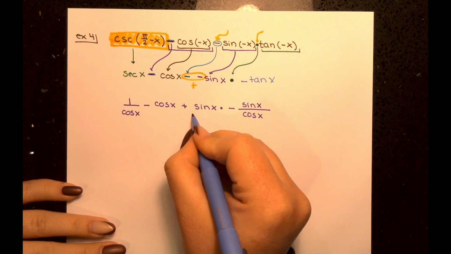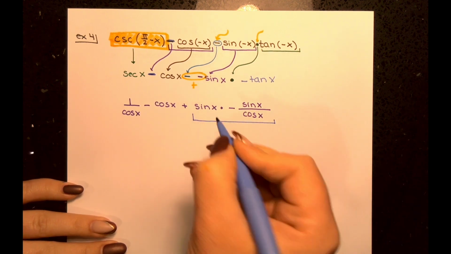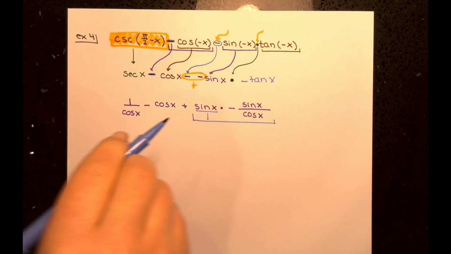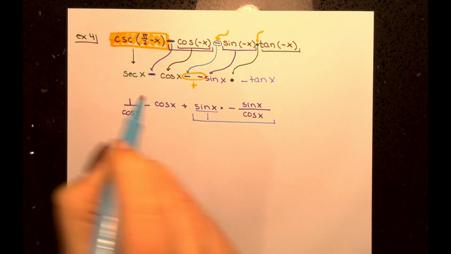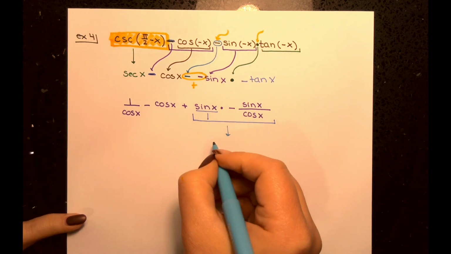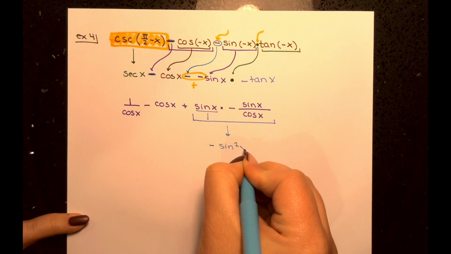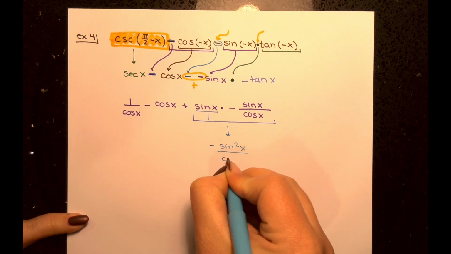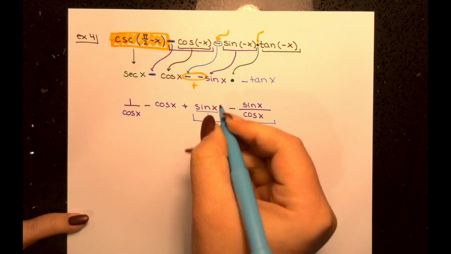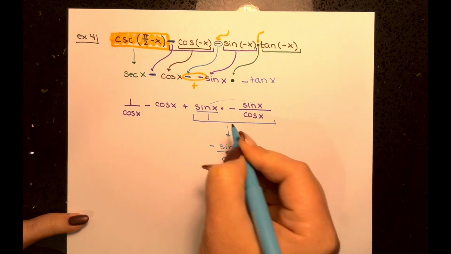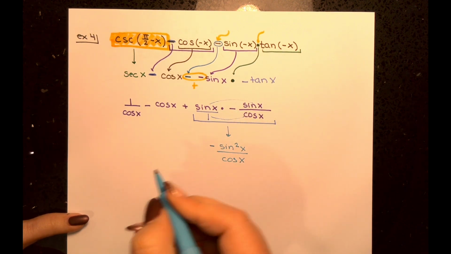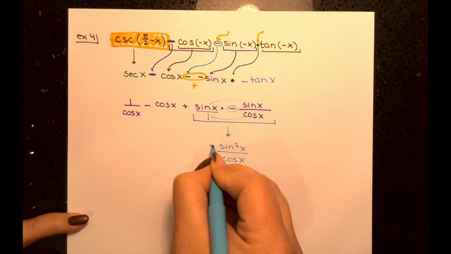I'm going to focus on this because this is multiplication. I'm going to put a 1 underneath it, and that gives us a negative sine squared of x over cosine of x. Sine times sine is sine squared. 1 times cosine is cosine. We have a negative.